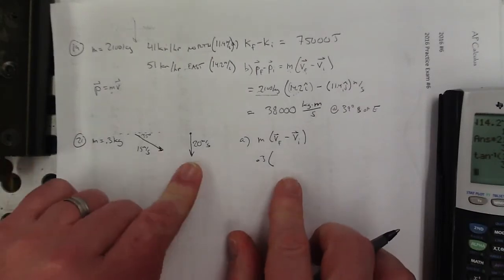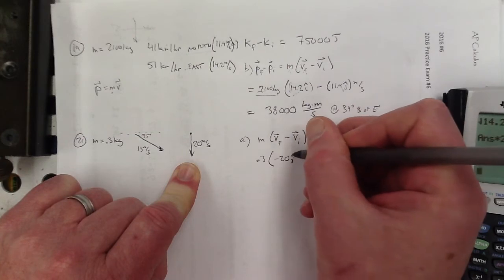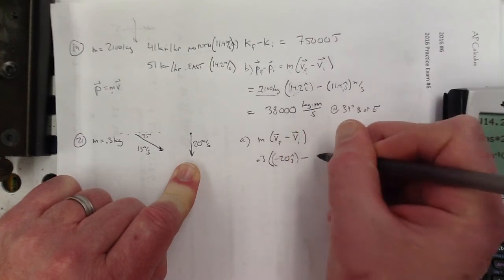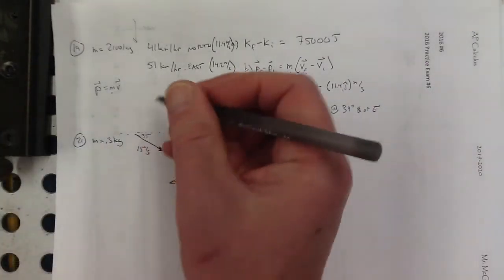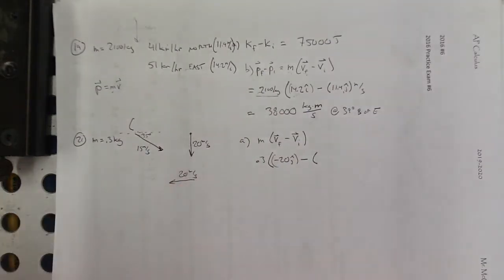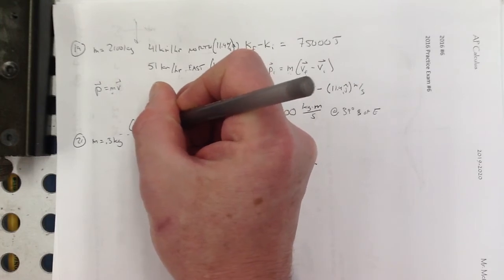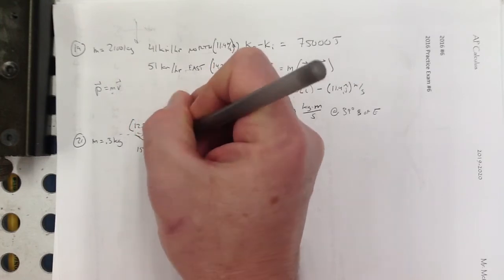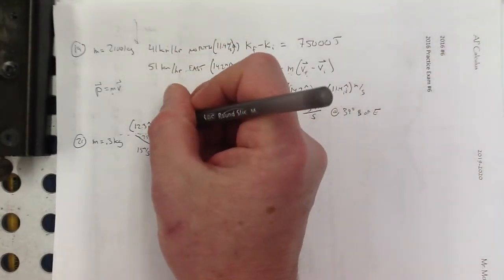The final velocity here for part A would be negative 20j minus the initial velocity, which in component form is 15 times the cosine of 35, 12.3 i, minus 15 times the sine of 35, 8.6j.